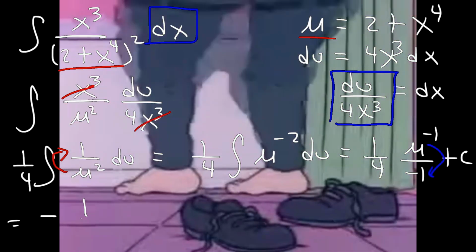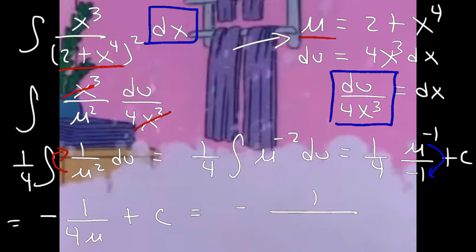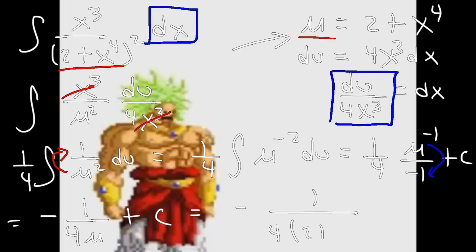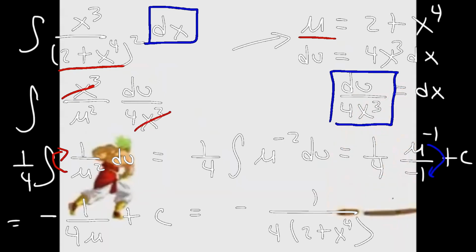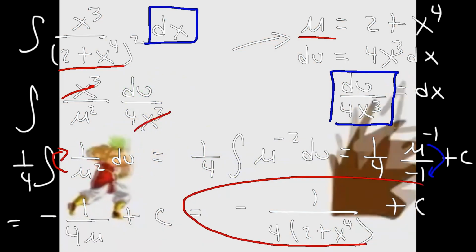So it's negative 1 over 4u plus c. Now let's replace u with what we set it equal to in the beginning. So I'm going to need a bigger fraction. So u is 2 plus x to the 4th, and then plus c. So this is the final answer.